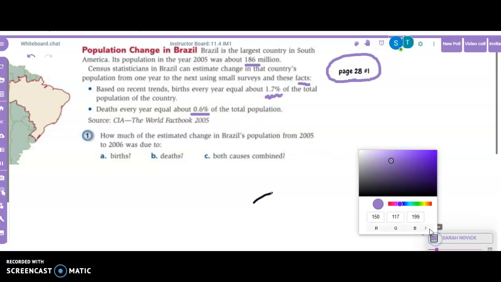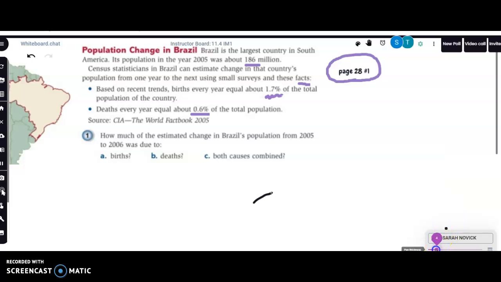So yesterday we talked about how when you have a percent change, when you go to do the math, you need to convert that percent into its decimal form.